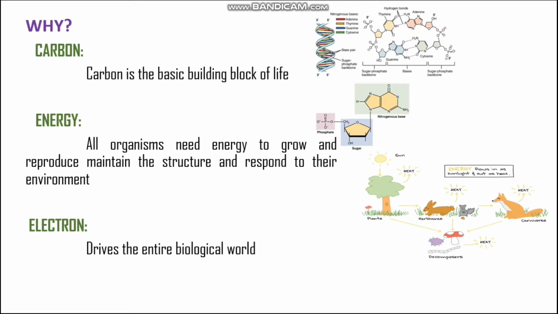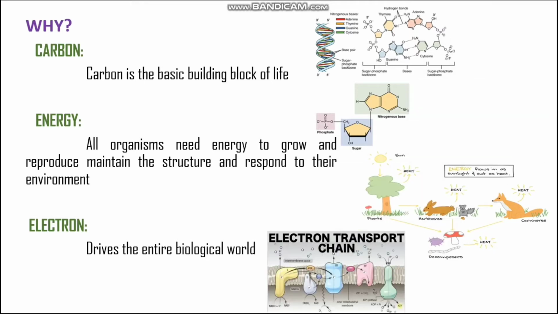So the third important thing is the electron source. Why are electrons so important? Because they drive the entire biological world. Without electrons, there is no chemical or biological reaction. If it is an oxidation reaction, there is a release of electrons. If it is a reduction reaction, there is a gain of electrons.